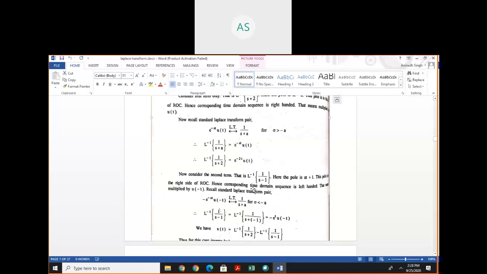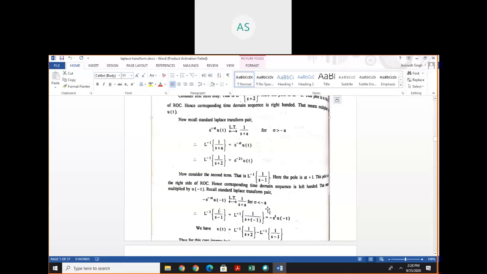This is the ROC. In the first case, the ROC is between 1 and -2. And the poles of this X(s): the first pole is at s equal to 1 and the second pole is at s equal to -2.